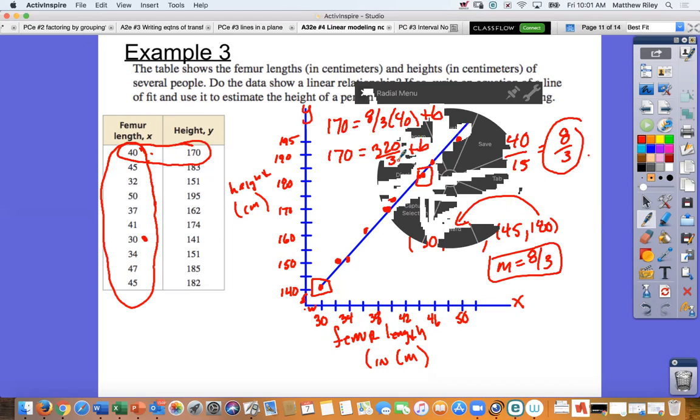So my decimal would be 106.67. Is that right? I don't think so. 320 divided by 3. Yeah. So then I've got 63.23 is my b value, and now you've got an equation. We're almost done.